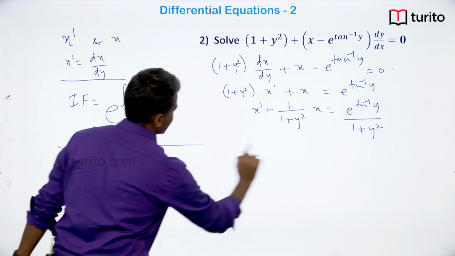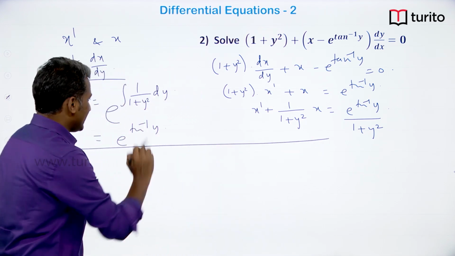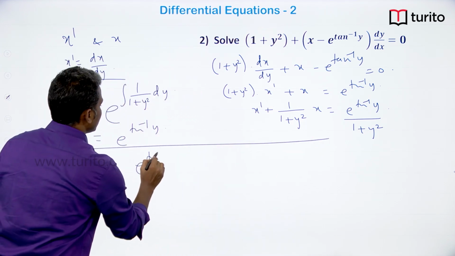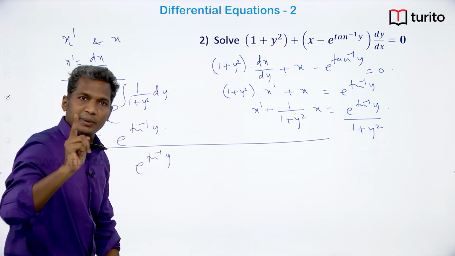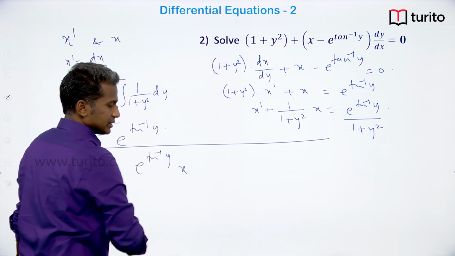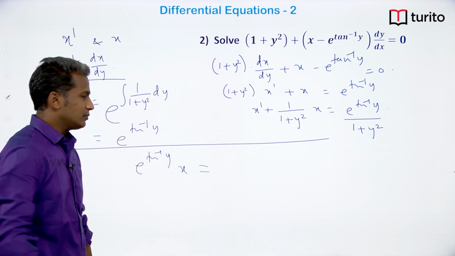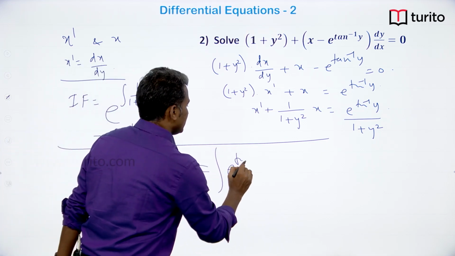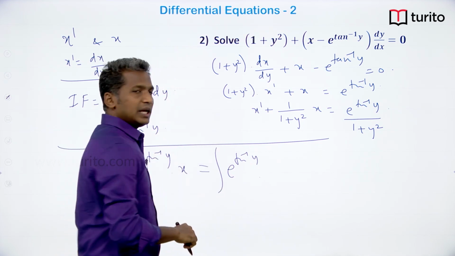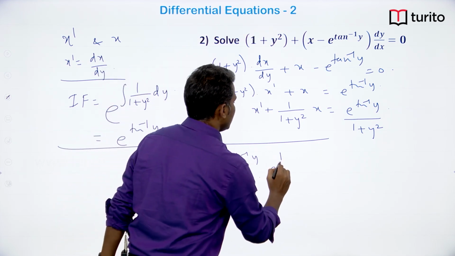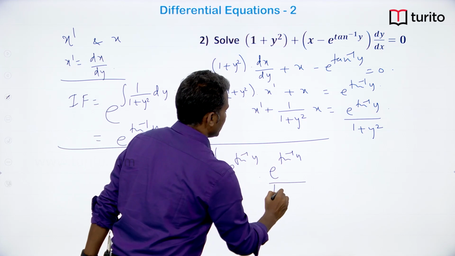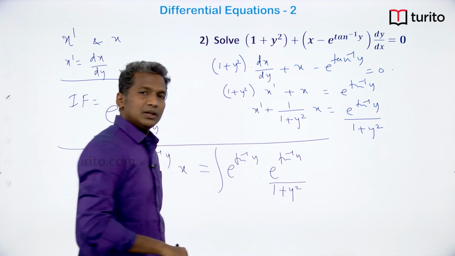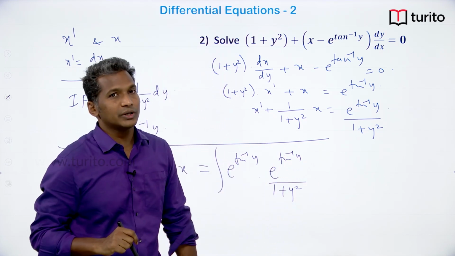So what is our next step? Directly, integrating factor into dependent variable x must be equal to the integral of integrating factor e power tan inverse y into the RHS, e power tan inverse y divided by 1 plus y square. Now, with respect to what variable are you integrating?